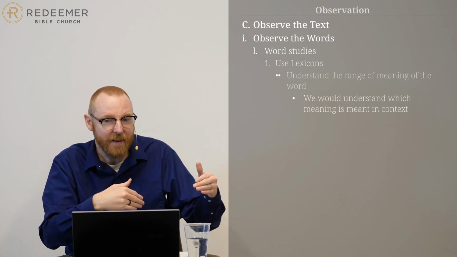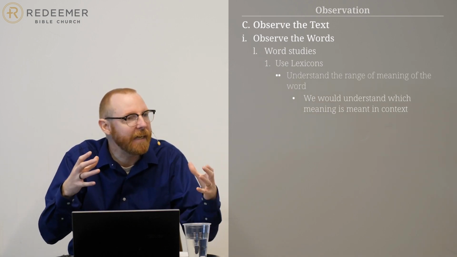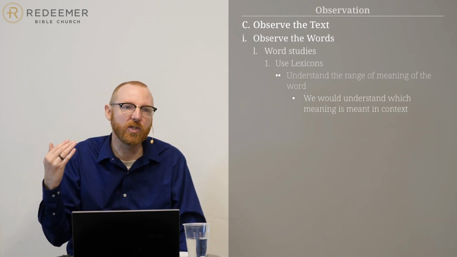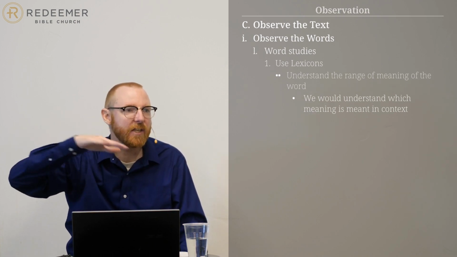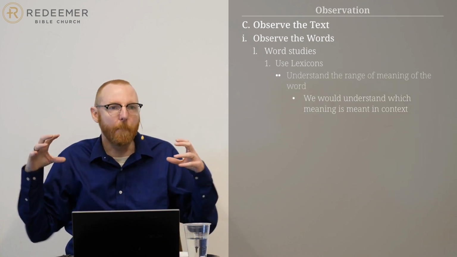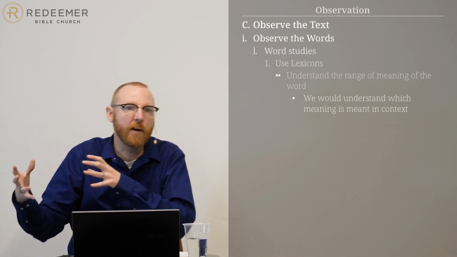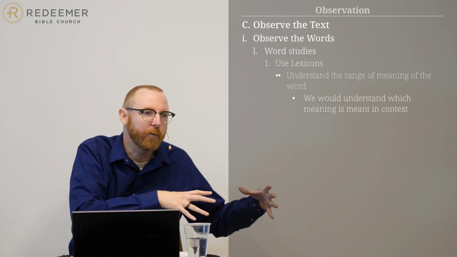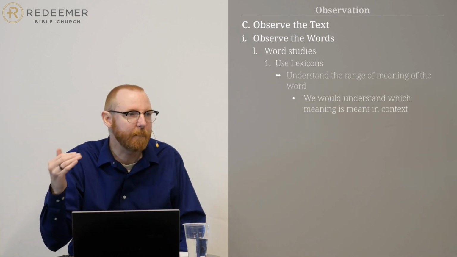So you want to start by understanding the basic meaning of this word. I always like to start with that first definition that's listed, because you could call that the basic meaning. Sometimes it's the literal meaning, with figurative meanings built on it, but they always put number one the most common or most basic meaning of the word.